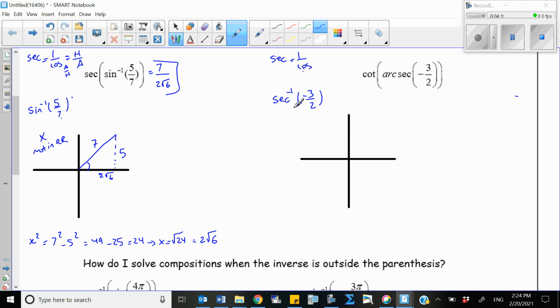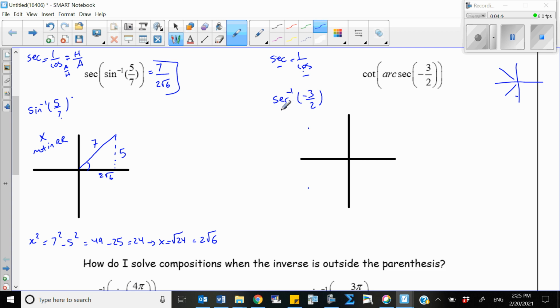So if here I have secant inverse of -3/2, secant is negative, that means cosine is also negative. And we have learned before that if cosine is negative, then the angle is either in the second quadrant or in the third one. So it's going to be either here or here. Now, which one should I accept?